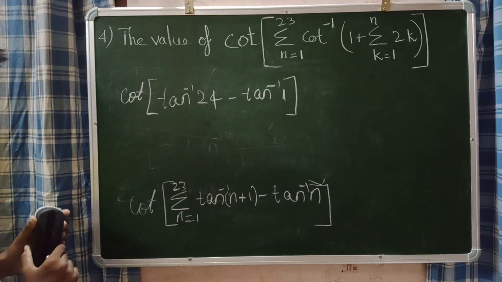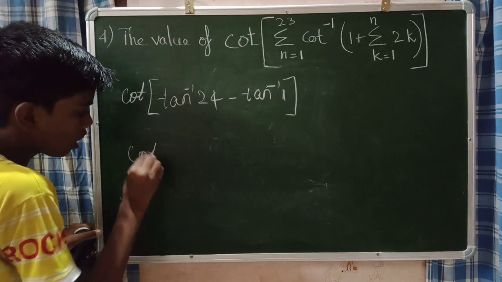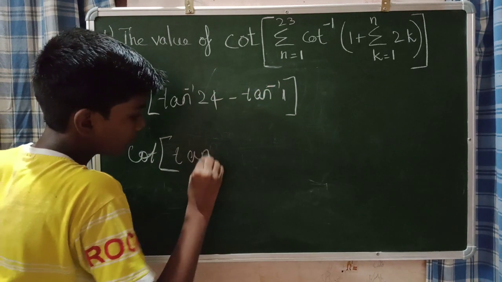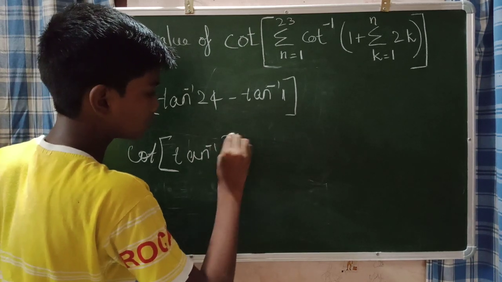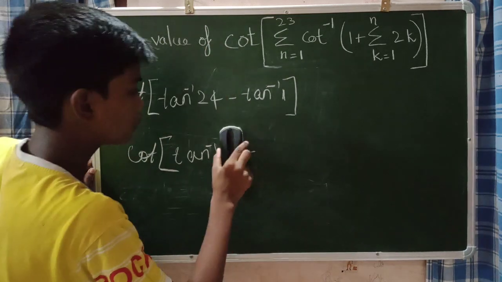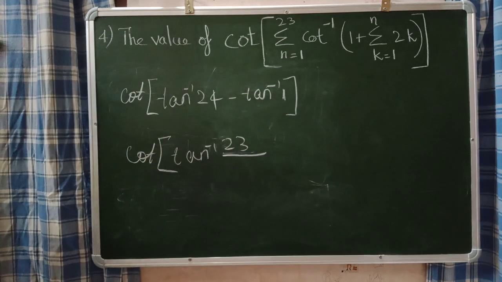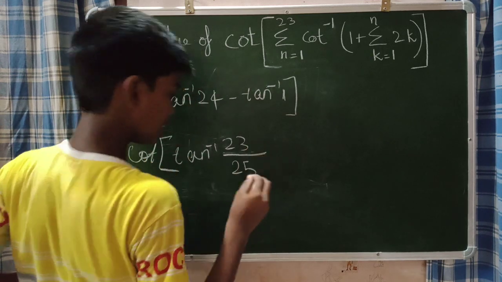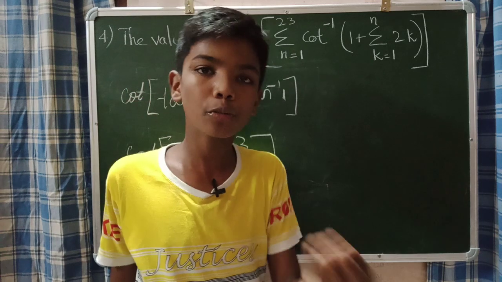Now it is very easy. Cot of tan inverse of A minus tan inverse of B is tan inverse of (A minus B) divided by (1 plus AB).